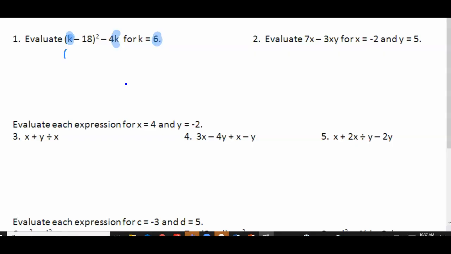So you get 6 minus 18 squared minus 4 times 6. Now we're simply going to follow the order of operations like we did in the warm-up. So 6 minus 18 is negative 12 squared minus 4 times 6.